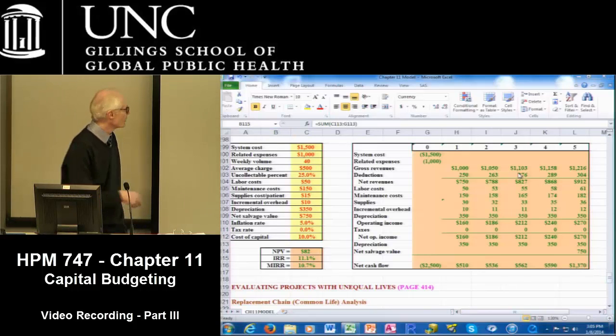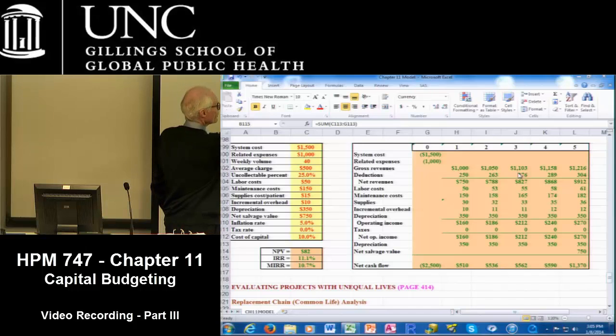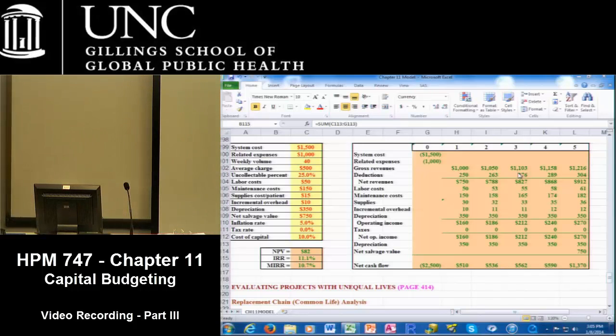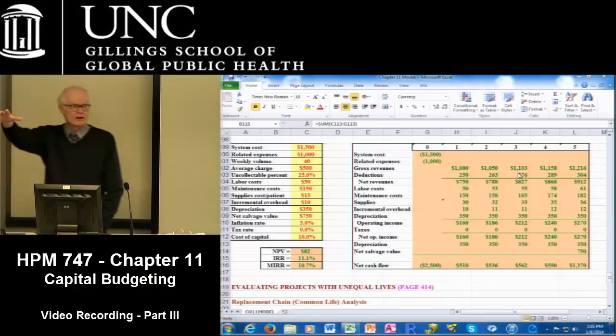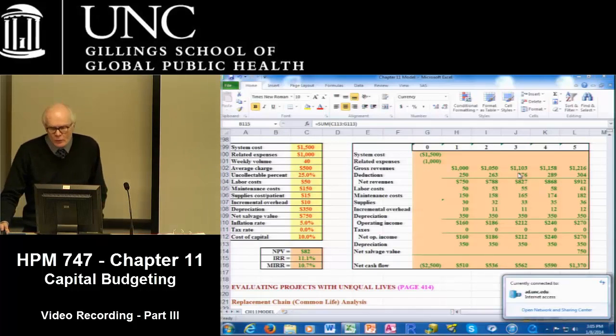When you're inflating the revenues, for example, you take the cash flow here and you multiply it times 1 plus the inflation rate here. And then you just copy it over so that if you change this number here, it automatically changes all the numbers. So you want to link them to the extent you can. So that's the model. I think it's a pretty good model.